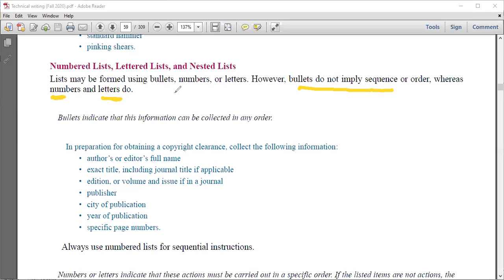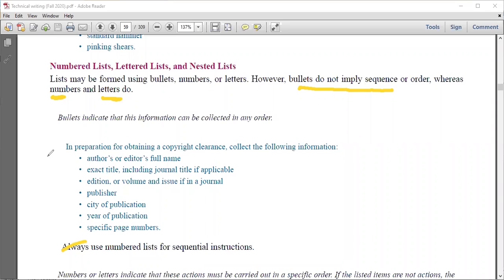sequence involved, right? In preparation for obtaining a copyright clearance, collect the following information: author's or editor's full name, exact title, including journal title if applicable, edition, publisher, city of publication, and so on. Always use numbered list for sequential instructions.